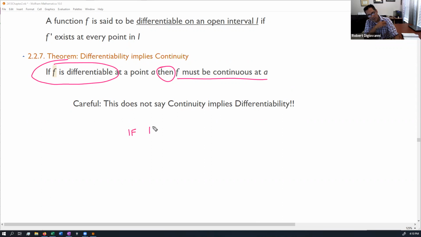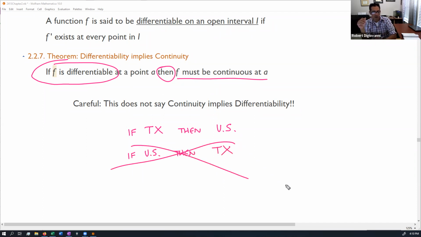If you're physically standing in Texas right now, then you are in the United States. Does it work the other way around? If you're physically standing in the United States, does that mean you must be in Texas? No.